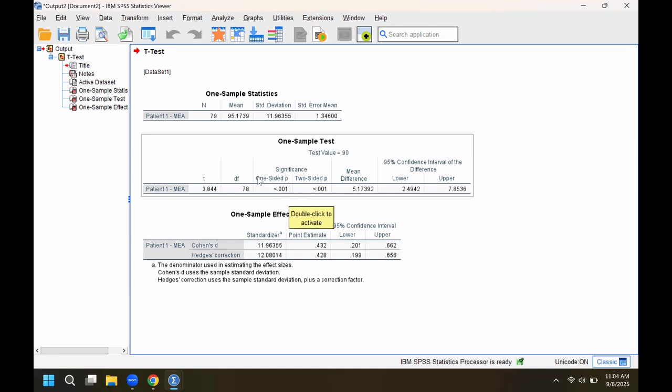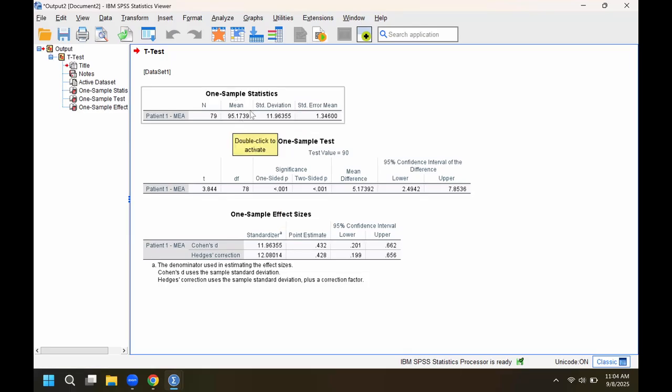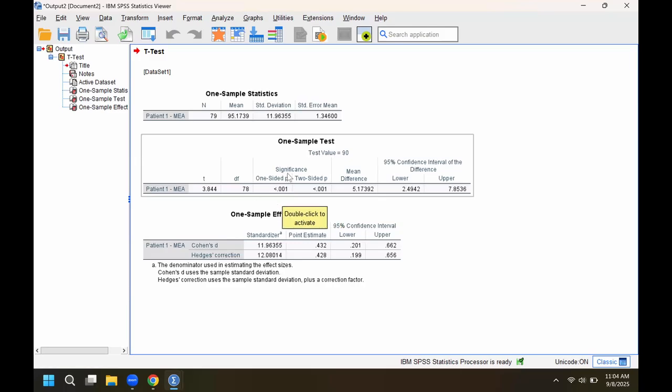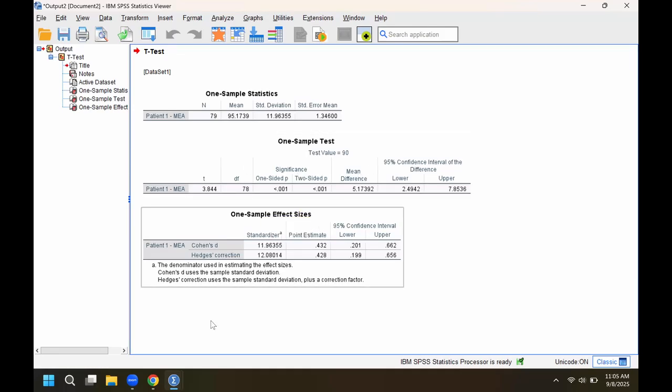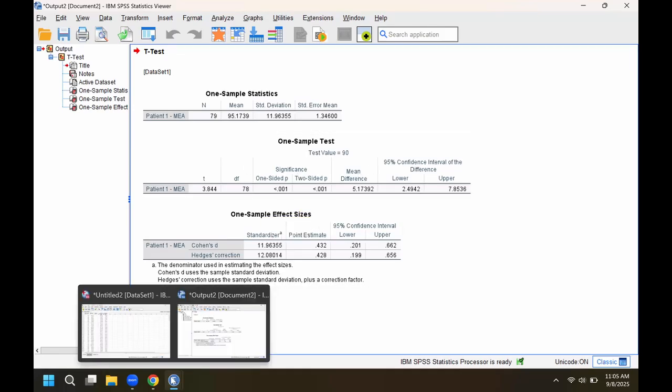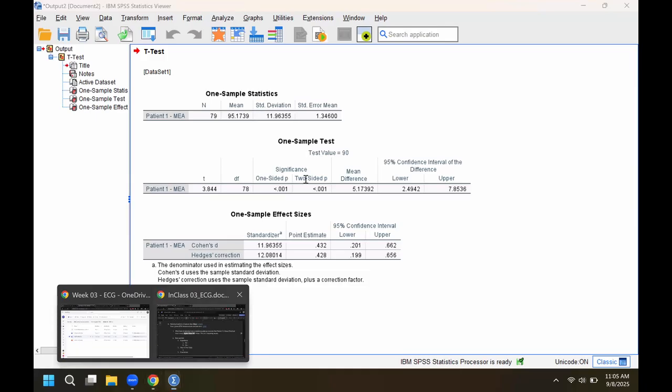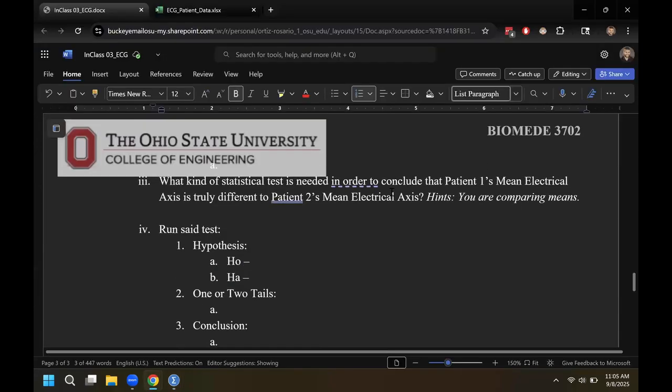So in this case, for comparing to the 90-degree deviation compared to what the subject had, this happened to be significant. It is statistically significantly different than 90, and in this case, it is higher than 90. That's what that means.